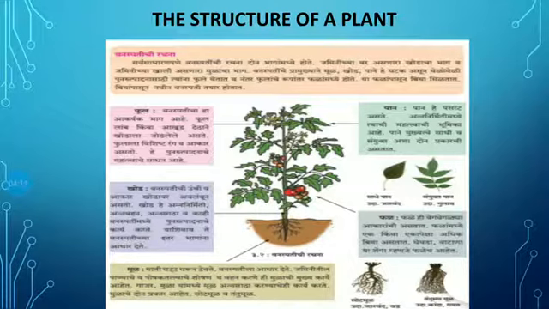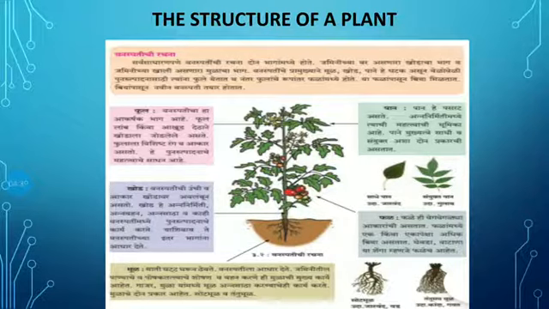After that, stem. Okay, the next part of a plant is the stem. The height, shape and size of a plant depend upon the stem. Okay, the stem carries out the function of production, conduction and storage of food.